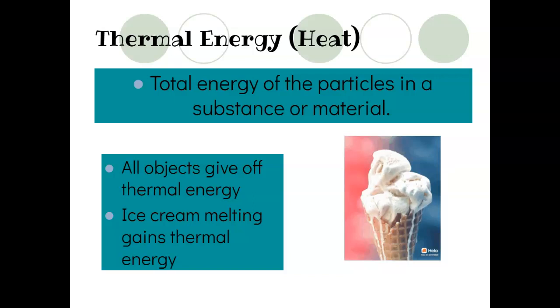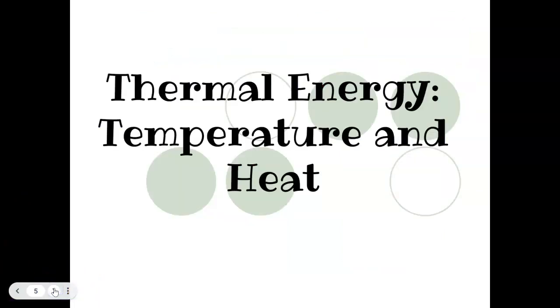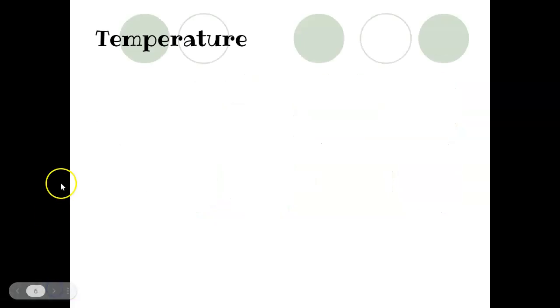So we're looking at the energy in matter, which we've been learning about in this unit, and how it moves. All objects give off thermal energy. An example here is this little ice cream cone that's melting. The ice cream melting gains thermal energy because it's going to be taking energy on, and we'll talk about that in these next slides. So let's talk about thermal energy and the differences between temperature and heat.